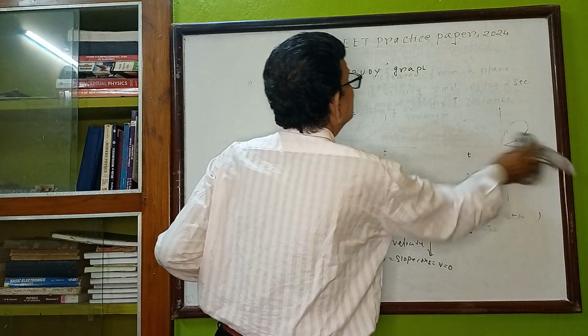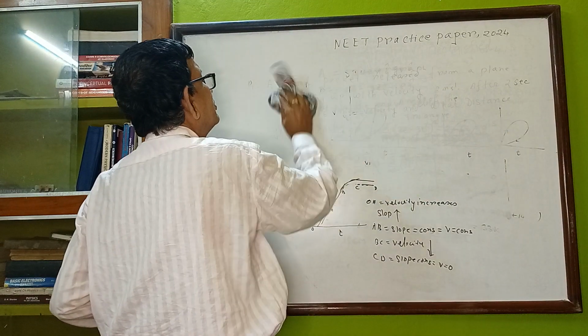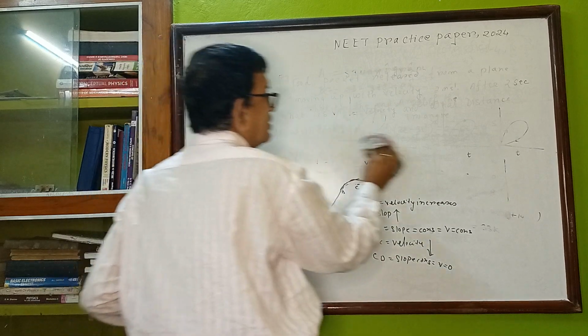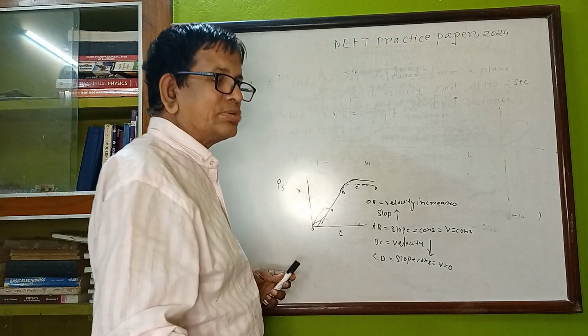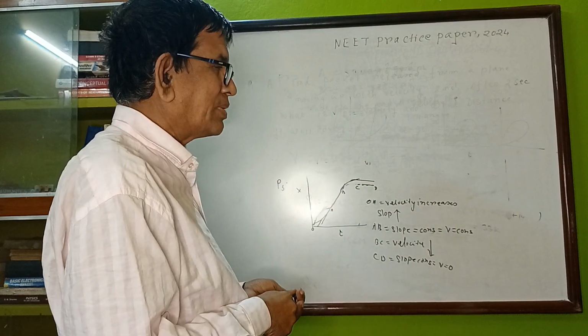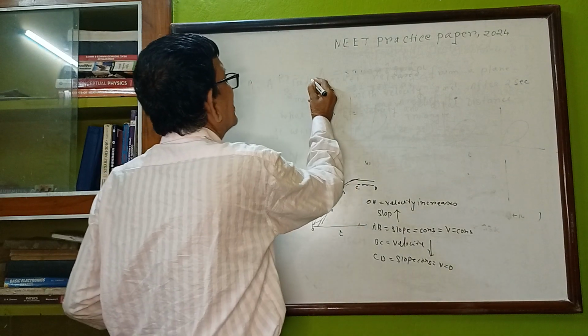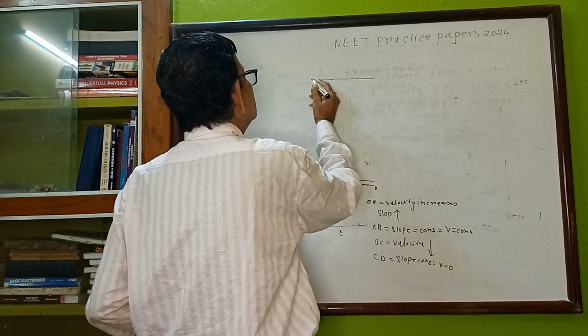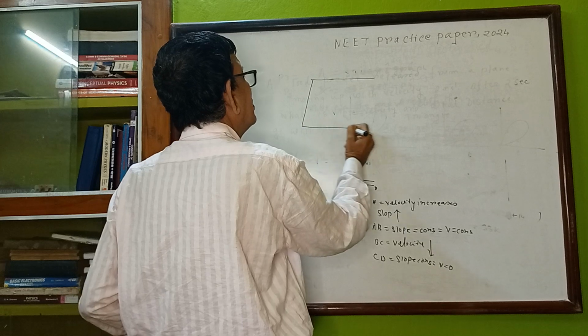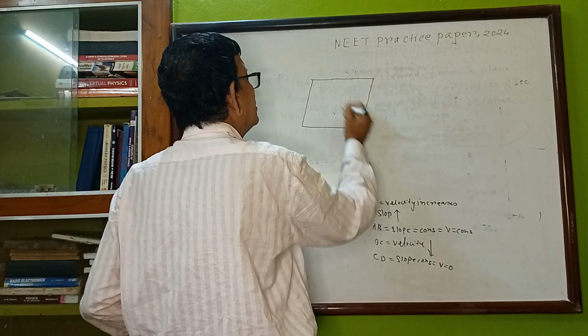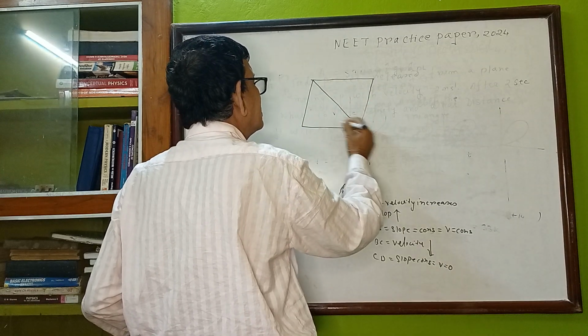Next problem I am showing you: suppose two vectors. This problem is very time consuming, so I am not solving it, I am only giving you the data. Suppose a parallelogram. You have already done this.